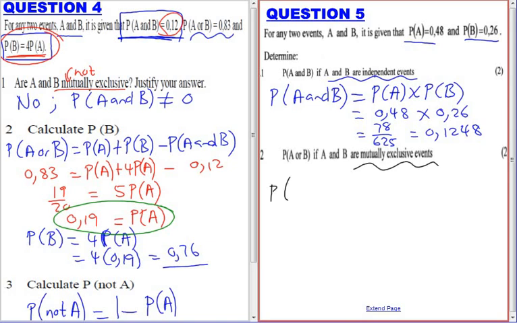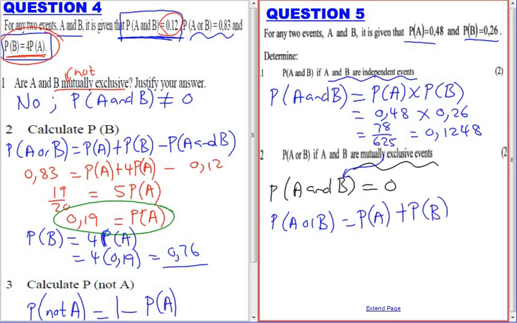The moment they are mutually exclusive, this right here becomes 0. So that's for mutually exclusive events. So if you want probability of A or B now, it means all you need to write is probability of A plus probability of B, because you don't have to subtract the probability of A and B because it's 0.